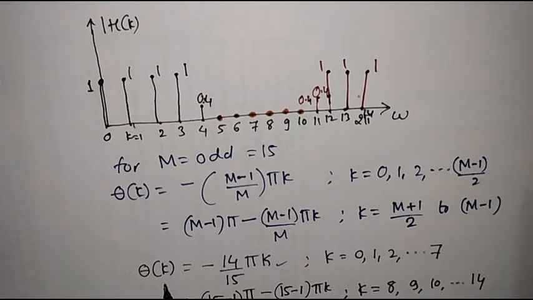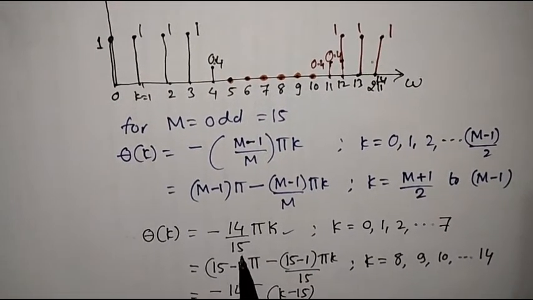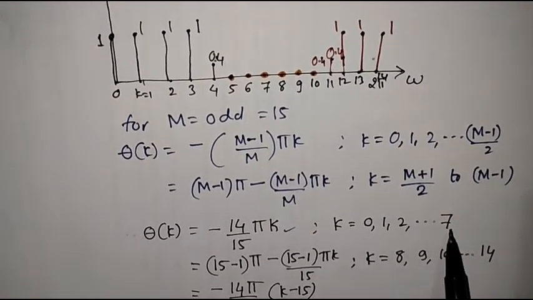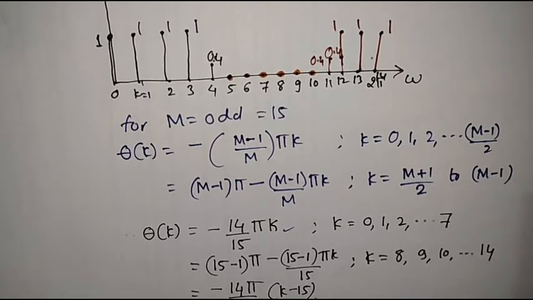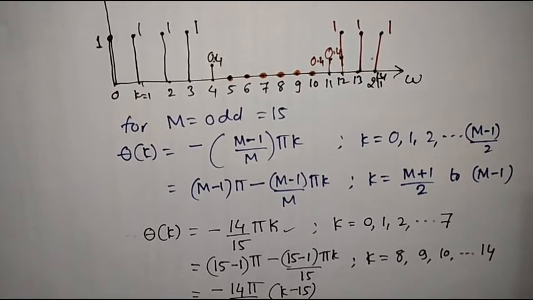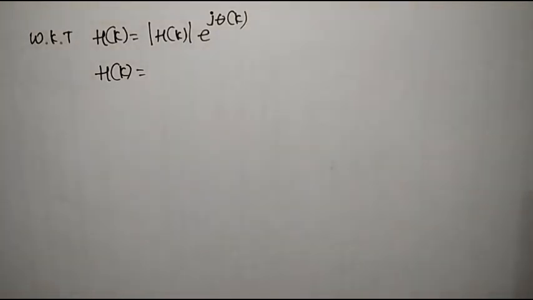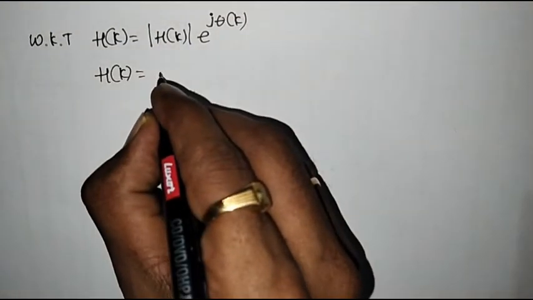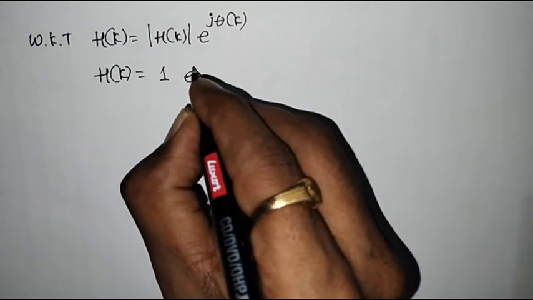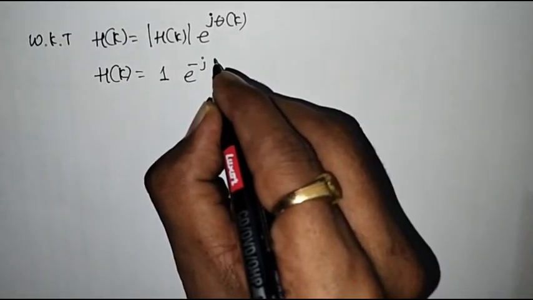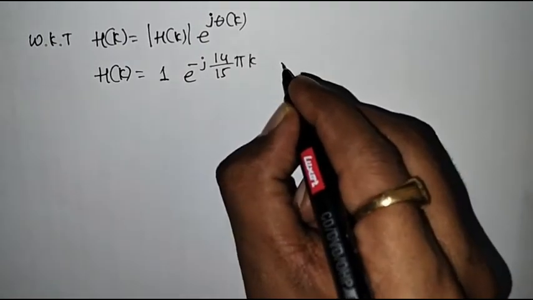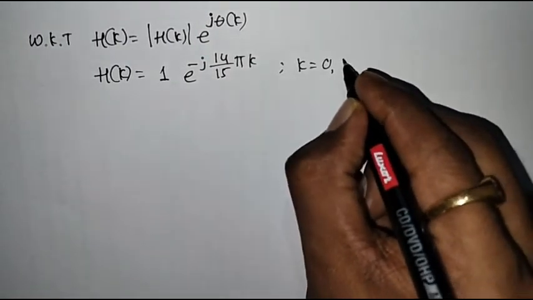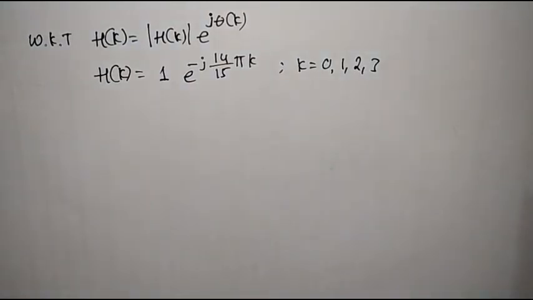Similarly, theta of k is defined as minus 14 by 15 pi k for k equal to 0 to 7, and its value is minus 14 by 15 pi (k minus 15) for k equal to 8 to 14. Now we'll define the same thing. That is, h of k is equal to, the magnitude is 1, e power minus j 14 by 15 pi into k for k equal to 0, 1, 2 and 3.